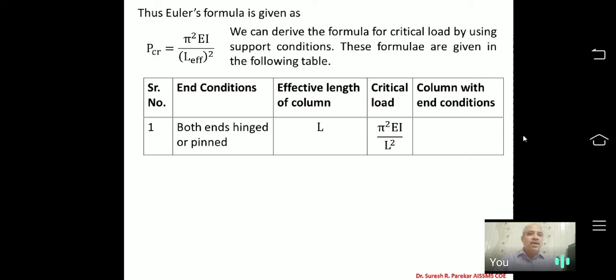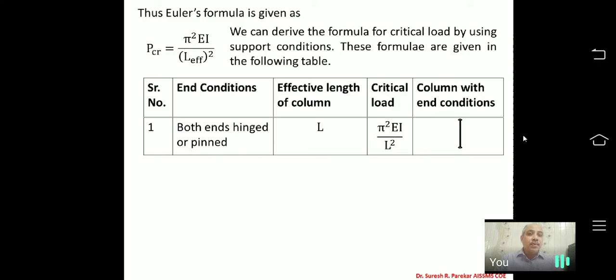Now we have first, this already we have seen, and this is both ends pinned, and my formula is pi square EI upon L square. Now if we go to competitive exams, specially GATE, you have maximum questions which relate to your formulas of columns, because solving the formula for GATE is difficult, and I come across very few questions when I talk about IES.